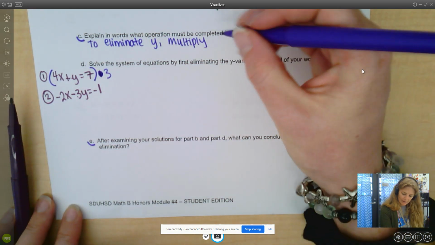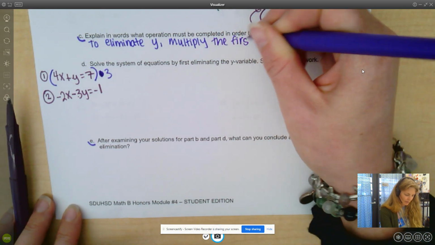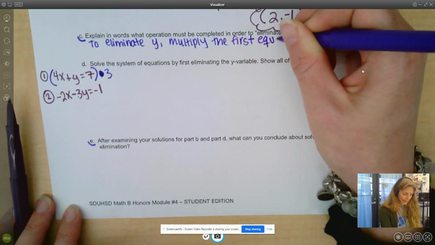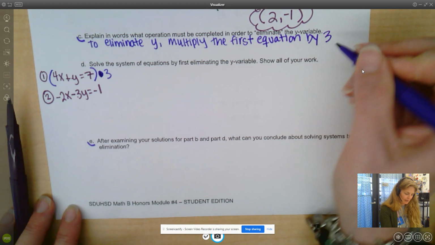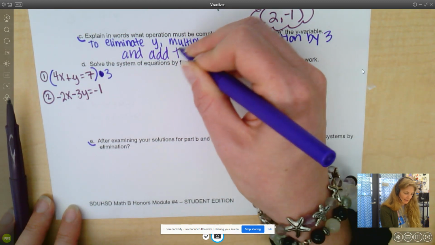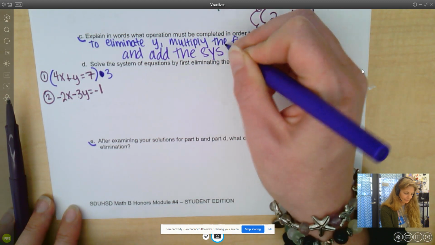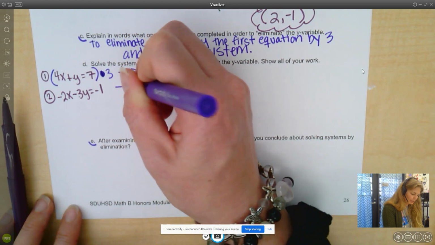So to eliminate y, multiply the first equation, you can also call it equation 1, by 3, and add the system. Perfect. So we're going to do that.